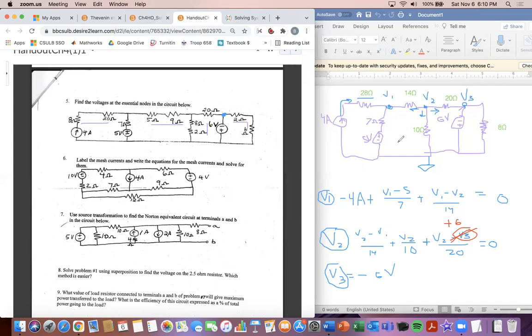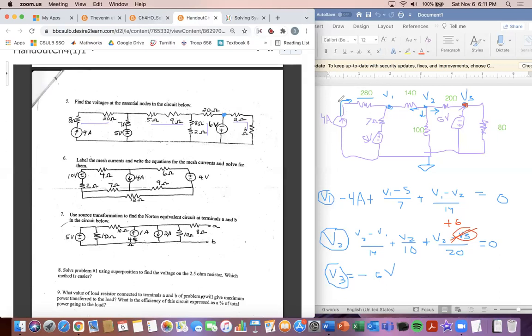What we do is, because we know V3 is at this potential of -6 volts, it's not going to be affected by any of the other resistors. It's similar to this argument here of the current source and how this 28 ohm does not affect it, because the current source is in series.